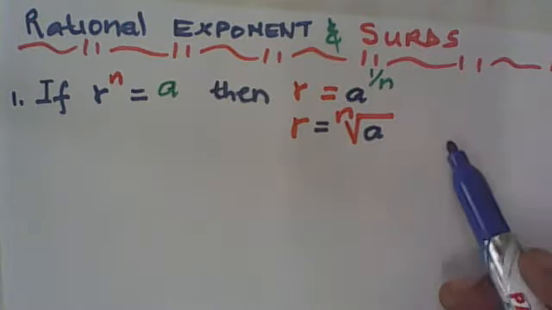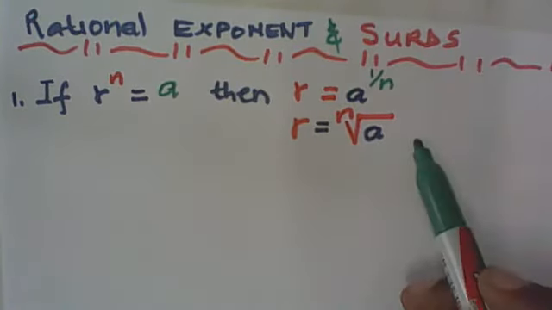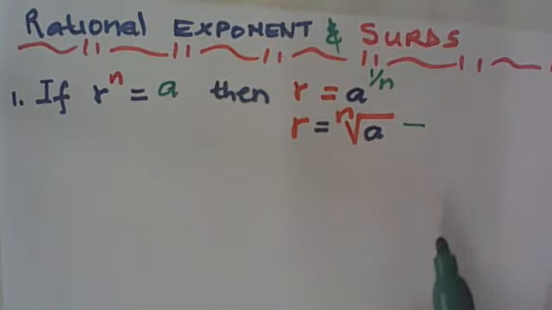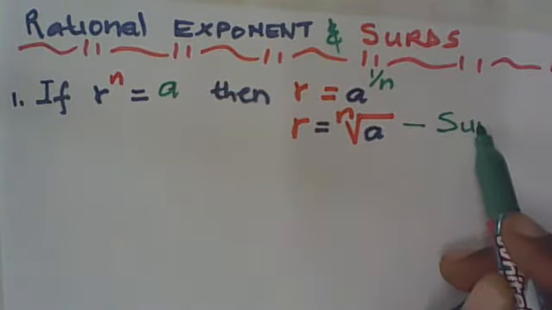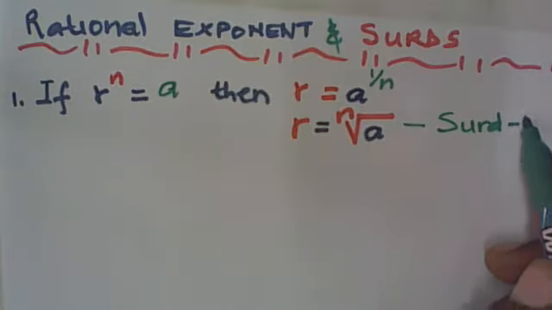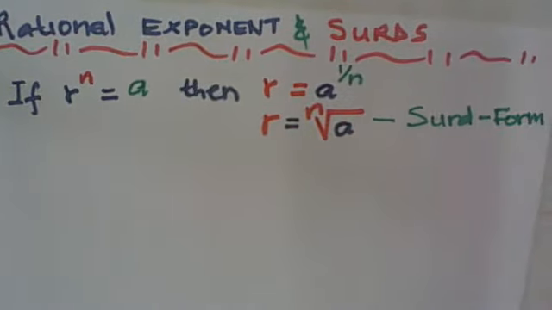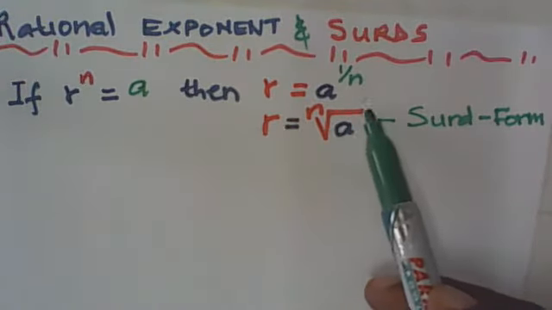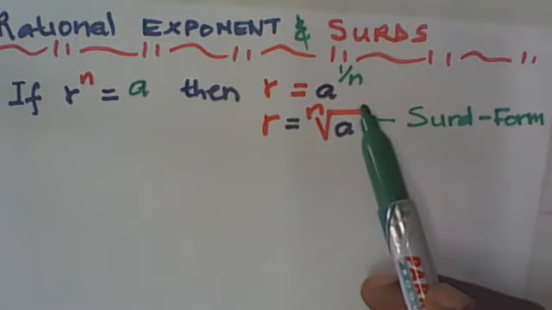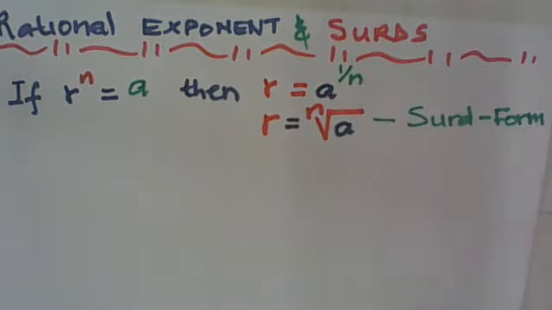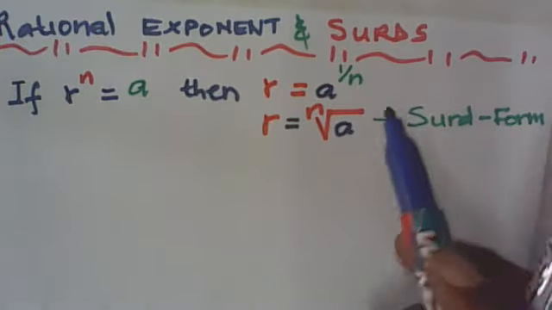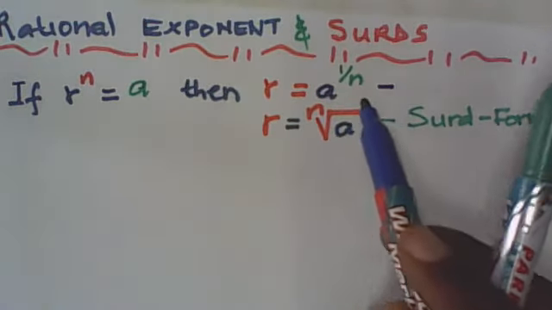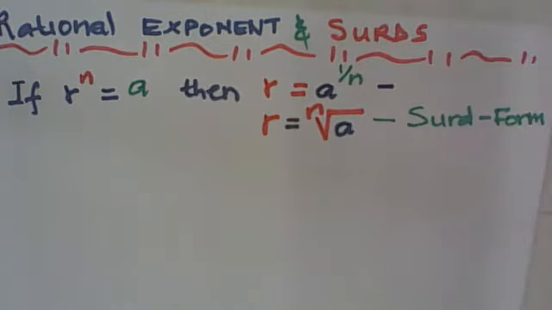How do you get that? This one is in surd form. Why? Because it has a radical sign. This is called the radical sign. Now, this one is in exponential form. But what kind of exponents do we have?